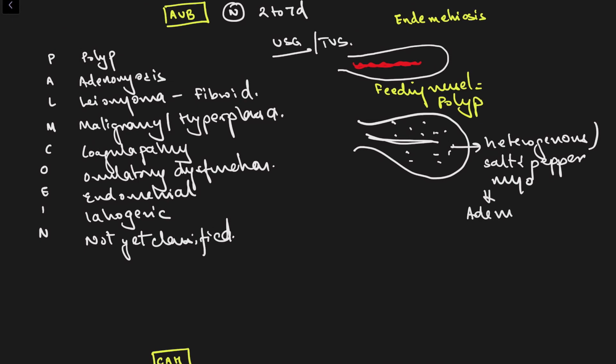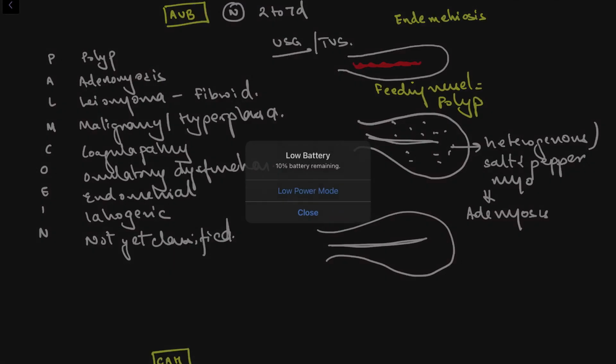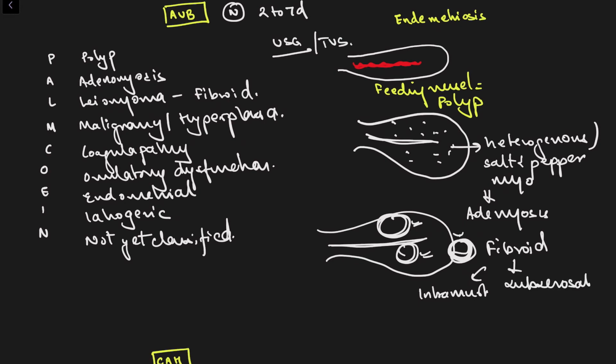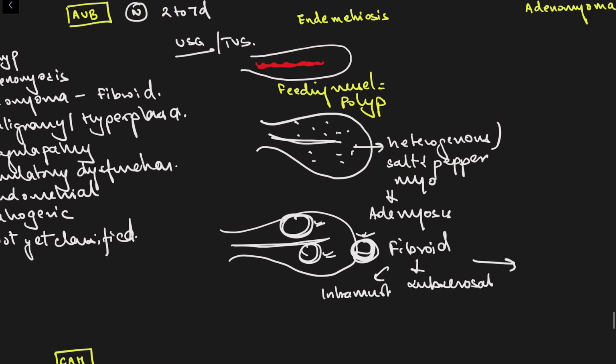And if we see growth, right, then these are fibroids, which can be either intramural, like this, subserosal, like this, and submucosal, like this.